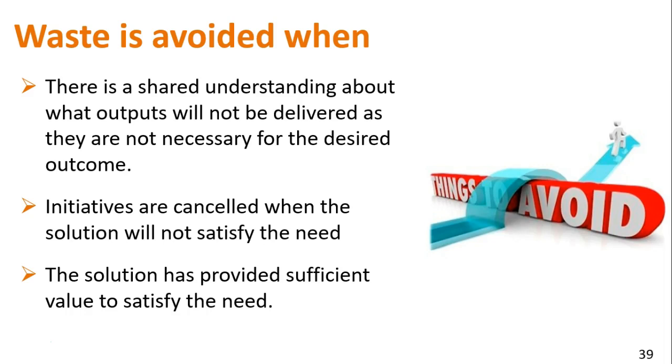If it's not going to contribute to our desired outcome, then we should consider not doing it. We should make a decision to not do it if we're clearly and firmly convinced that it will not produce or contribute to the desired outcome.